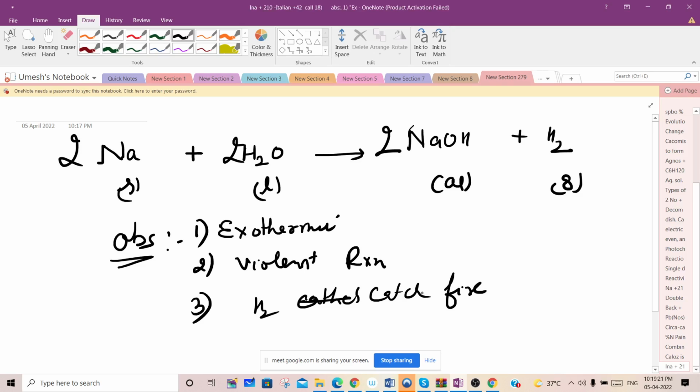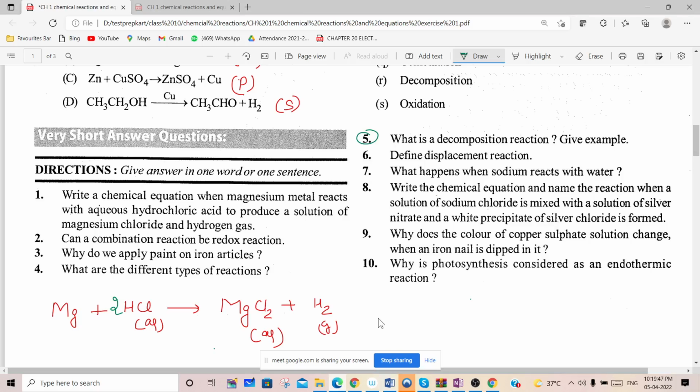Right? These are our observations in this reaction. Understood? Yes or no? Yes, sir. This is how we answer such type of questions.